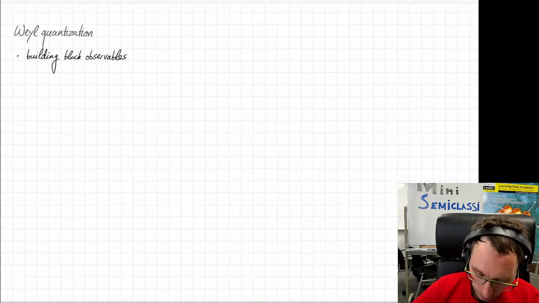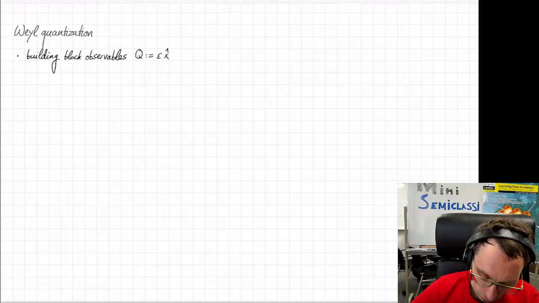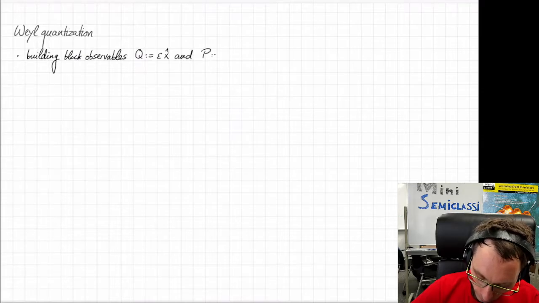So, for example, in position representation using microscopic units, this is just epsilon times multiplication with x. And the momentum operator is just minus i gradient.